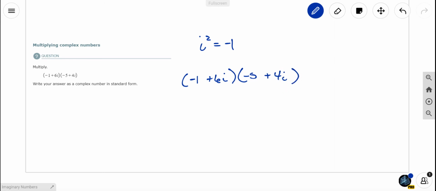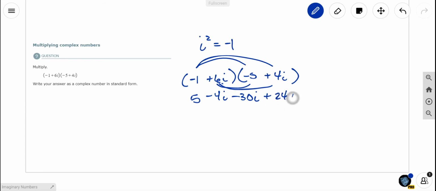Negative 1 times negative 5 is positive 5. Negative 1 times 4i is negative 4i. You can have a negative i, it's fine. Okay, then you come here, negative 30i, and then you get plus 24 times i squared.